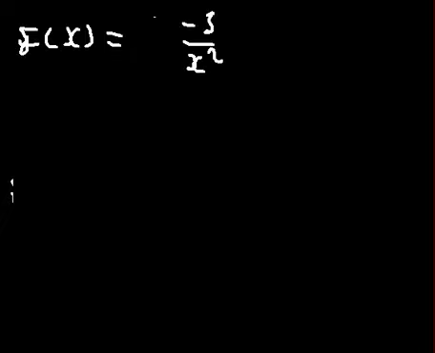And let's say we have f of x, which is given as negative 3 over x squared. And find the value of the following.